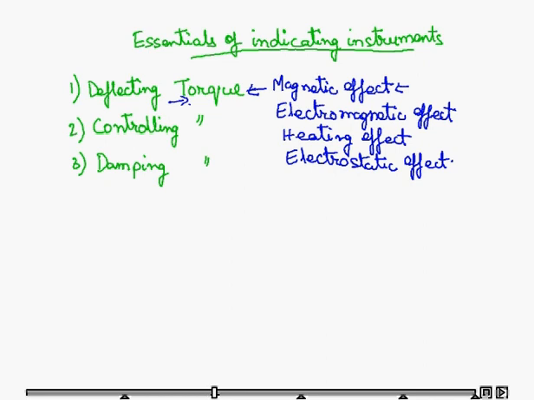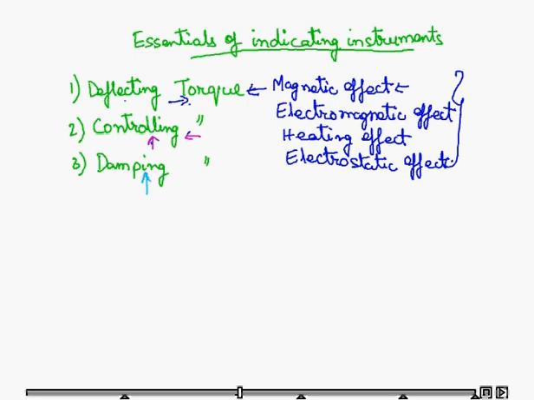The torque is generated due to any one of these effects. The pointer moves. Now comes the controlling torque. Controlling torque controls the magnitude of the movement of the moving system. When the quantity which we want to measure comes in, the pointer starts deflecting, but how far it deflects is decided by the controlling torque. You can say that controlling torque is opposing the deflecting torque. If deflecting torque is more, controlling torque will also be more.